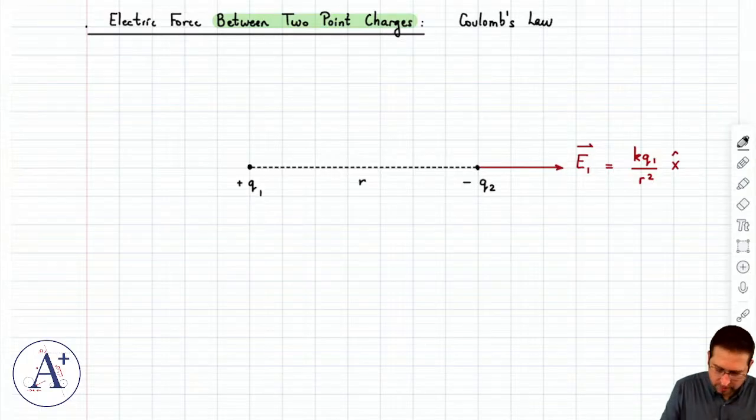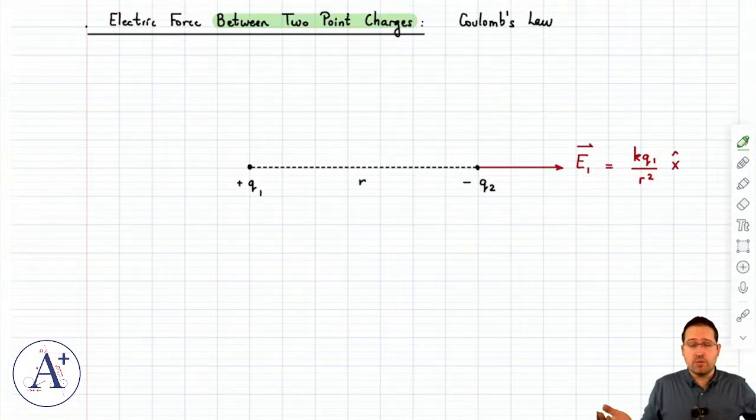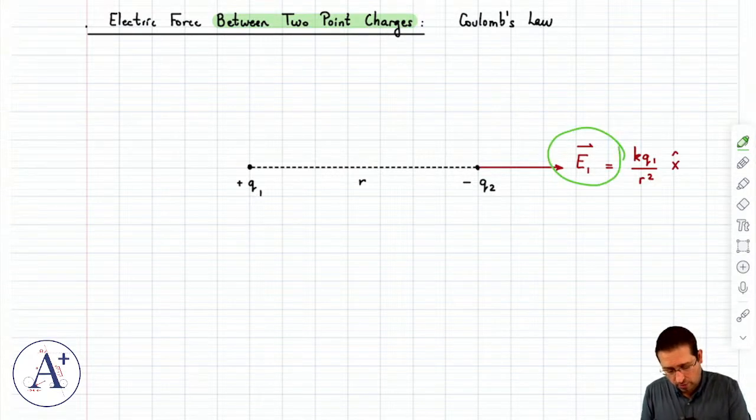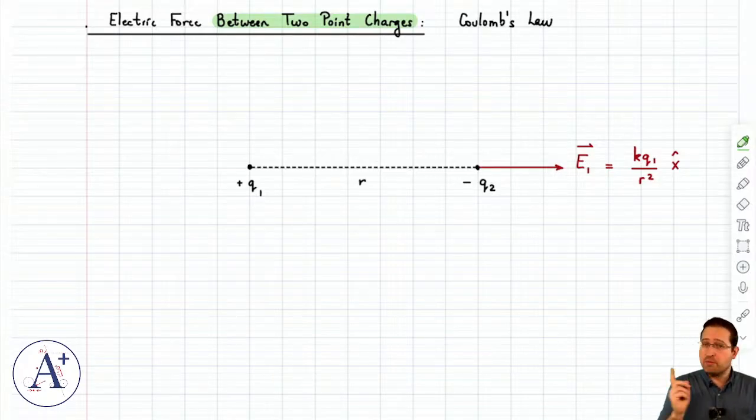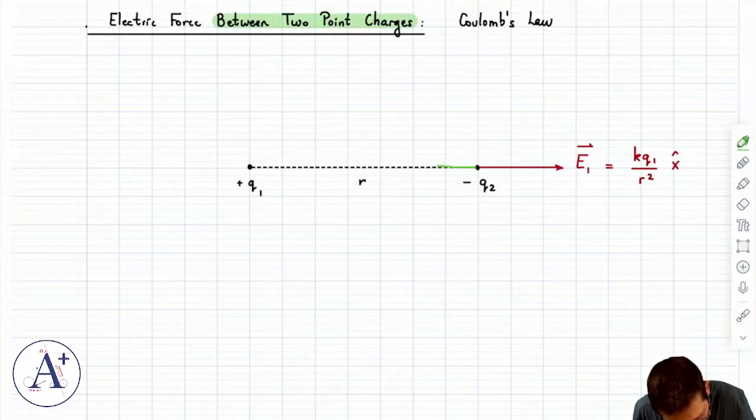Q2 here. Now, Q2 did not create E1, but if I place minus Q2 at this point where there's an electric field E1, minus Q2 will immediately experience the electric force, which in magnitude is Q2E1. However, Q2 is negative, so the electric force points in the direction opposite the electric field E1.